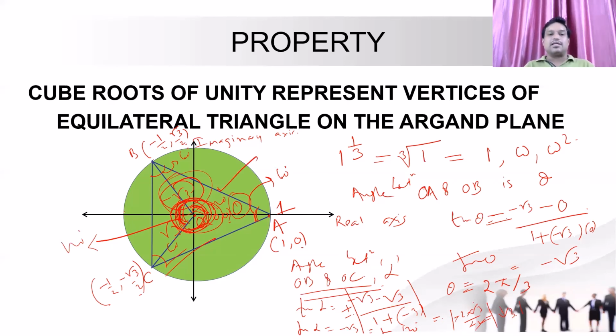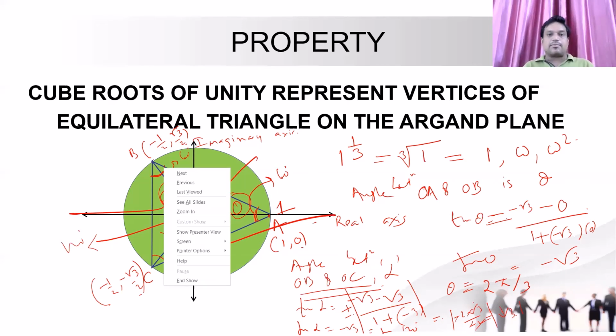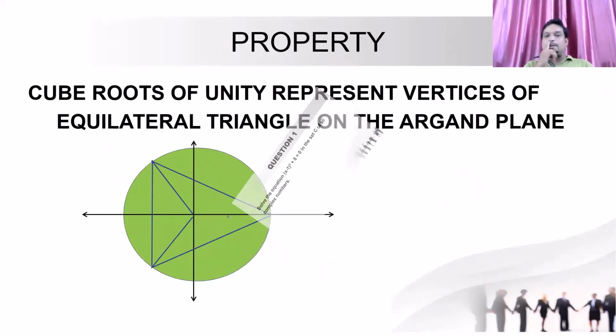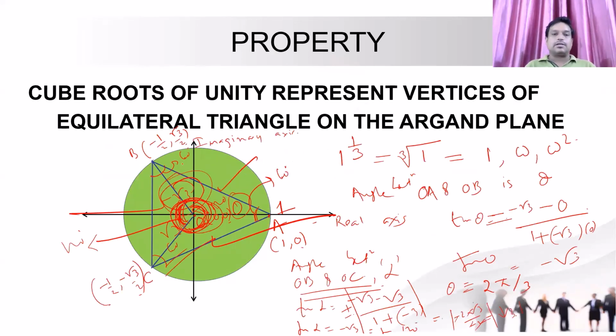This angle 120, this angle 120, this angle must be 120, and the angle on the circumference is also 120 degrees, so this angle is 60 degrees.